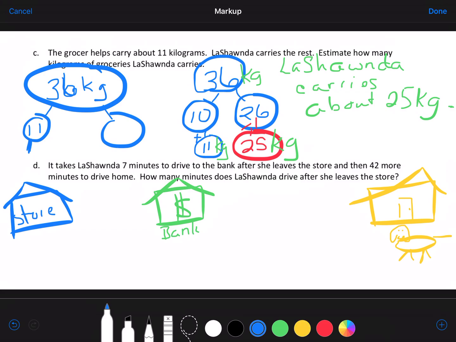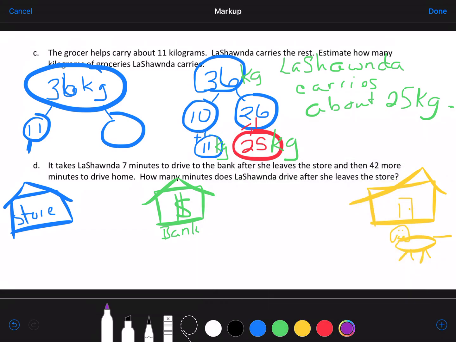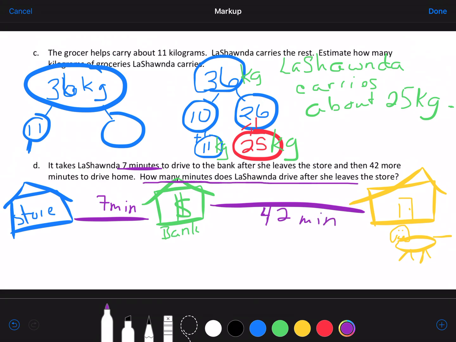Okay. So then we add in the minutes. So from the store to the bank, it was 7 minutes. I saw that up here. From the bank home, it was 42 minutes. And it wants to know how many minutes does she drive from the store to her puppy dog, right?